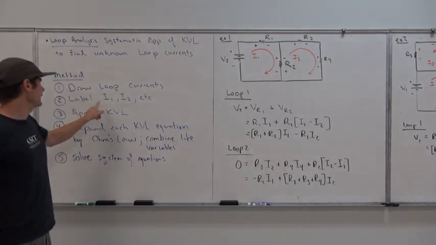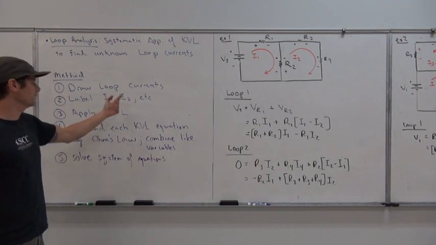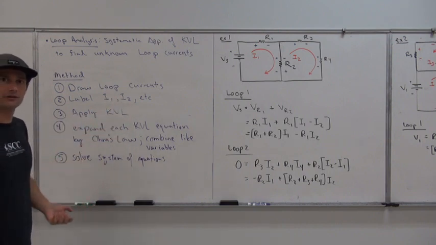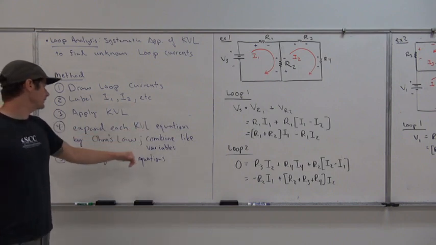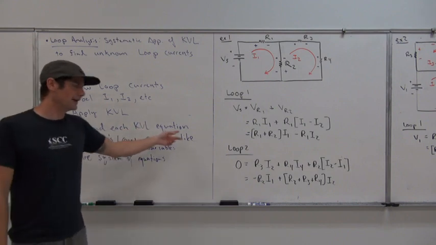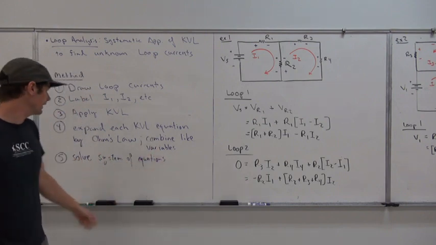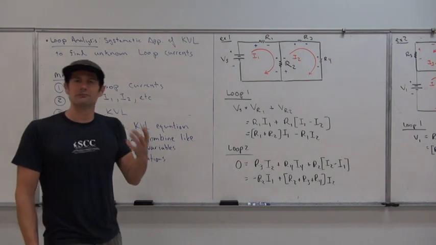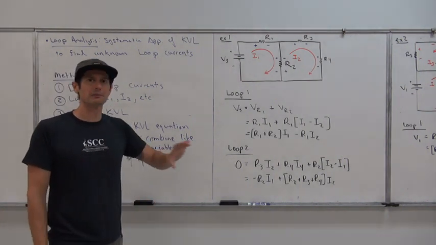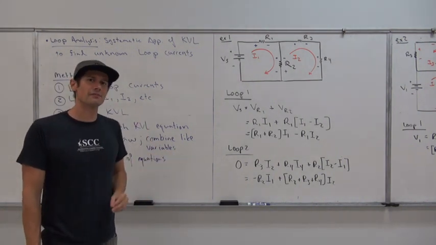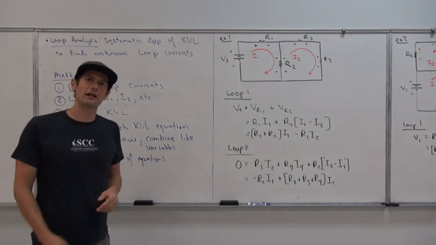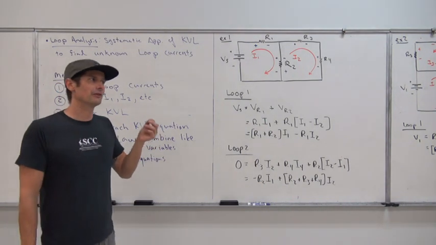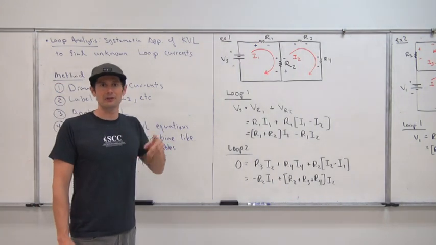Number two, we label those loop currents as I1, I2, etc. And we apply KVL, write out a KVL equation, and then we expand each KVL equation by Ohm's law once again and combine the like variables. By the time we do that, we have to solve the system of equations with linear algebra. So very similar to the nodal analysis method, except this time we're utilizing KVL and loop currents in order to find the values of those currents in each loop.